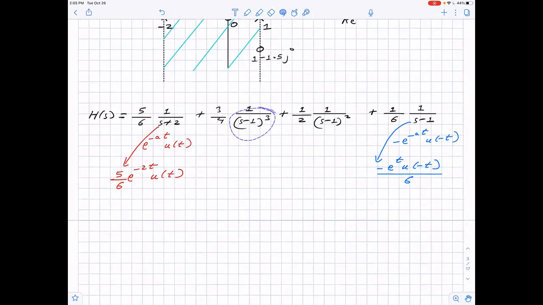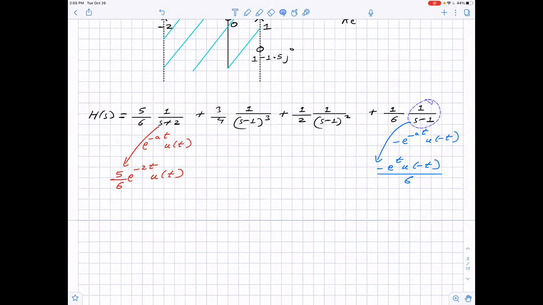All right. To find the inverse of a square term, we have to start with some reference function, and the reference function would be the corresponding linear term. And the linear term is this, 1 over s minus 1.